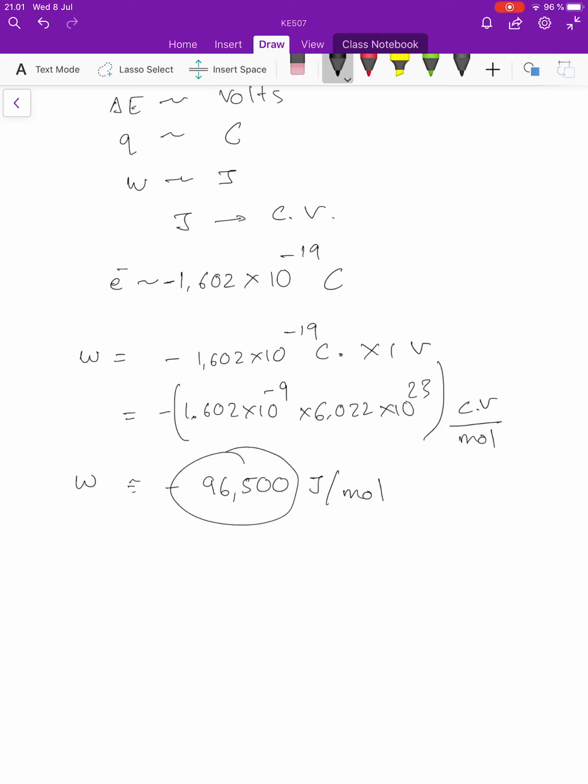This quantity, which corresponds to the charge carried by 1 mole of electrons, is called Faraday's constant, or F. And this here is the charge of a single electron.